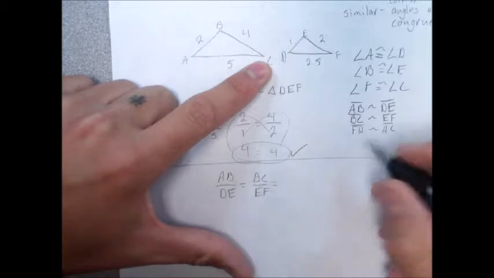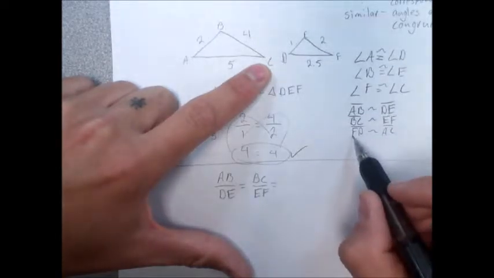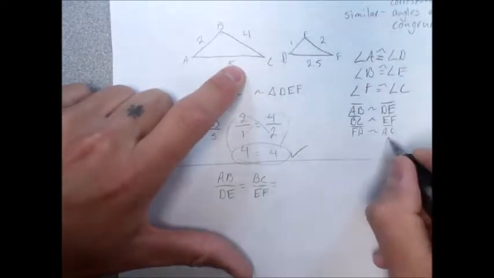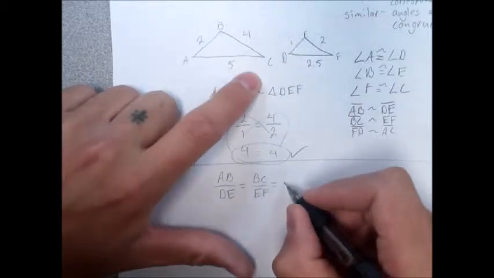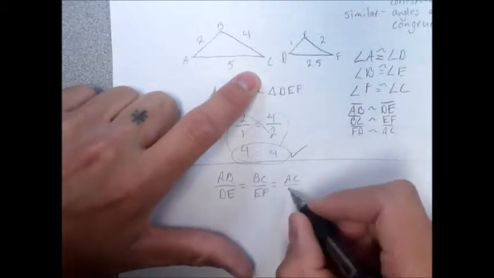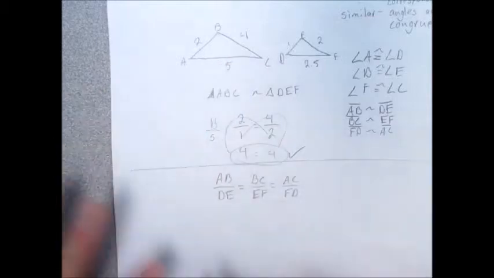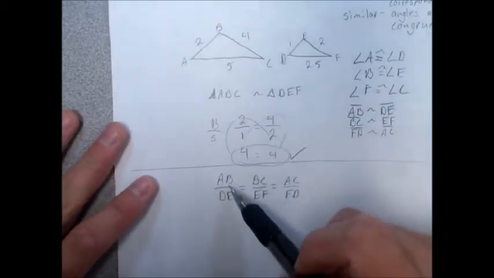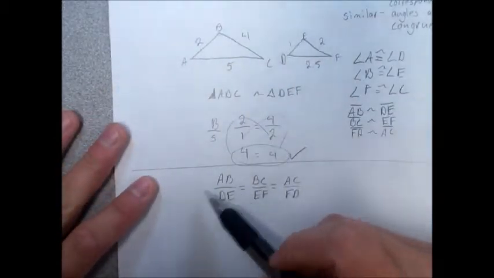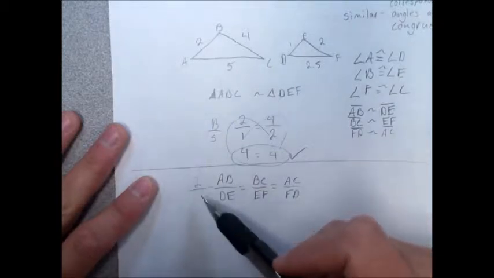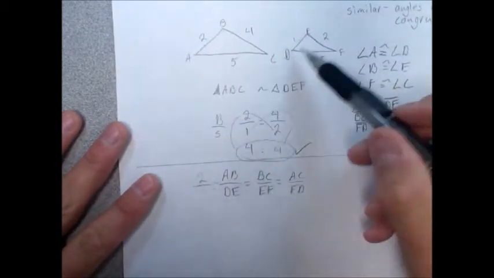Looking at my last one, I put FD. Notice this is a small, and this one's the big. So I need to make sure that the big ends up on top. So AC was the big, FD was the small. So all these would compare. When I put their measurements in their place, if I said AB was 2, DE was 1.